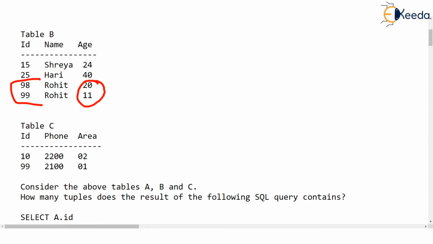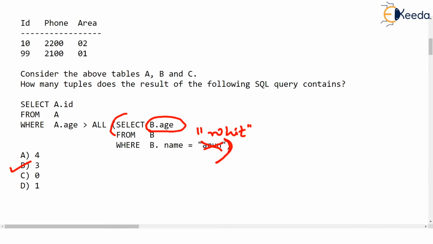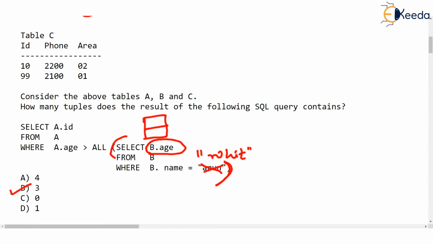The inner query is a temporary table which contains two entries, the ages of the two Rohits, 20 and 11. Once the inner query completes, it is the turn of the outer query.